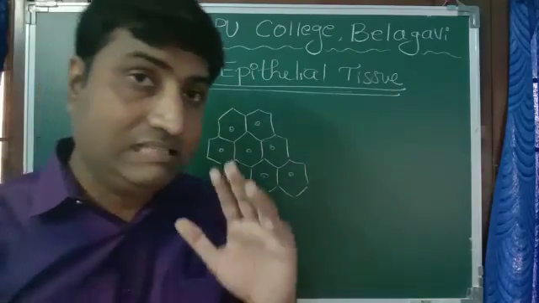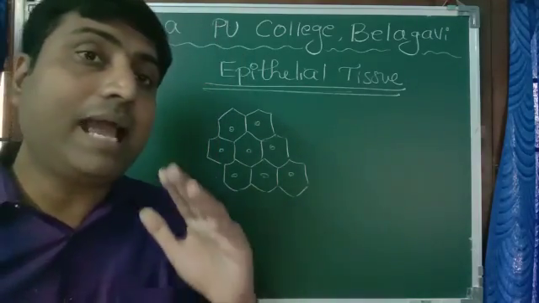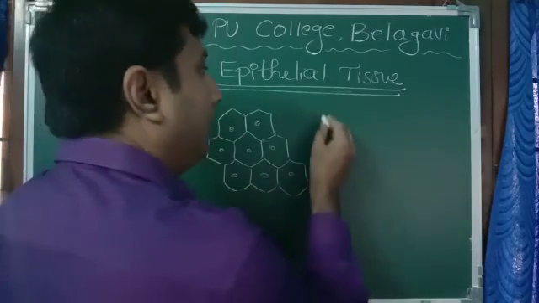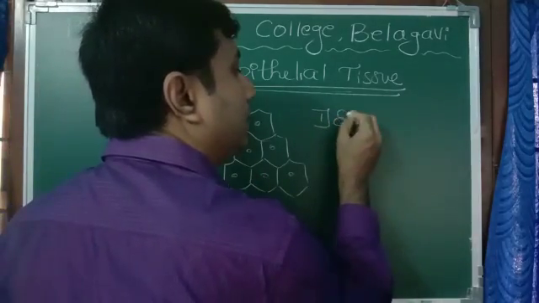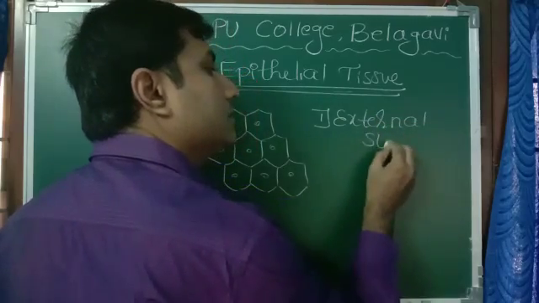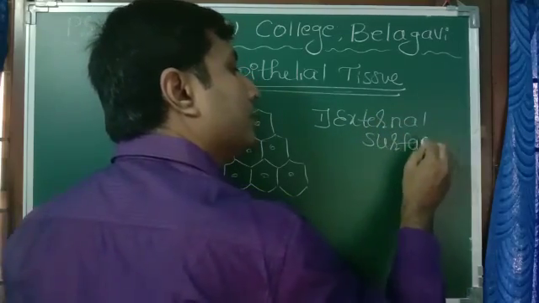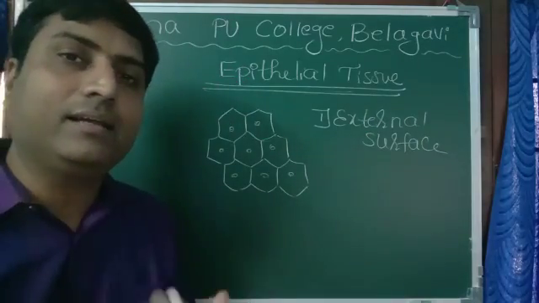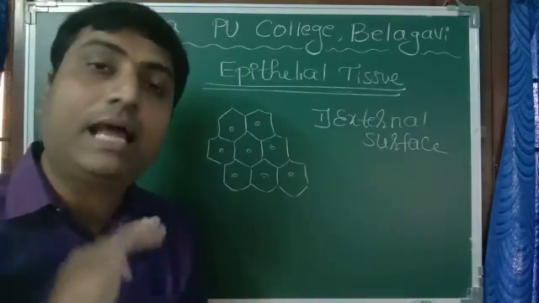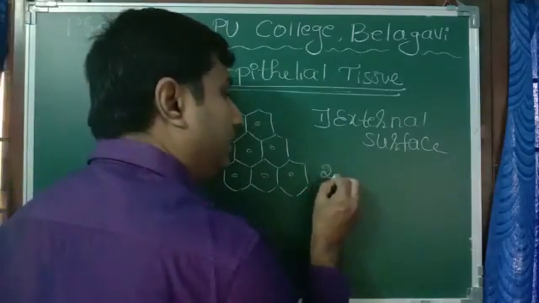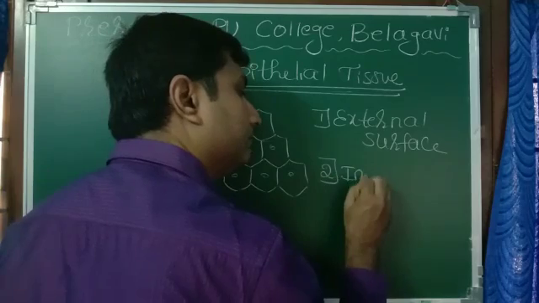What do they do? Generally, they cover the external surface, as in the case of skin. Or they form internal lining, like the lining of the stomach, the tongue, the heart.